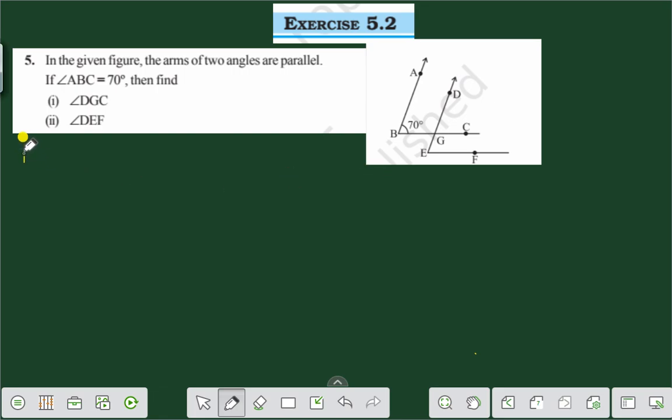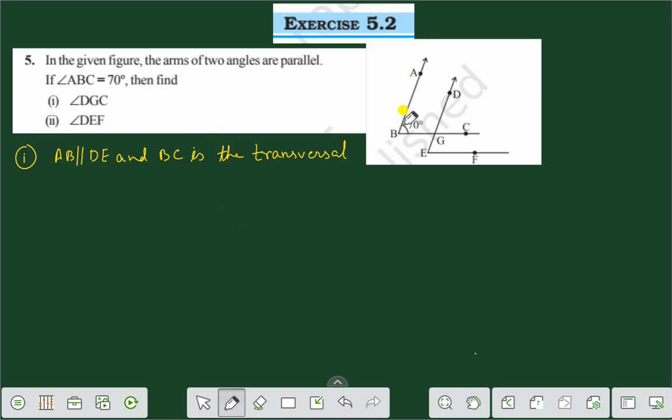Here if we solve question number 1, right? Here if we say that AB is parallel to DE, and BC is the transversal.